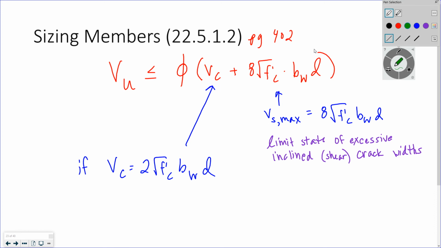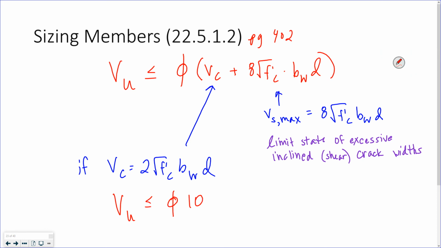Then this simplifies to just 2 plus 8, right? 10. So if you're sizing for shear, you need to size it so that at least you have bw d 10 square root f'c times phi.